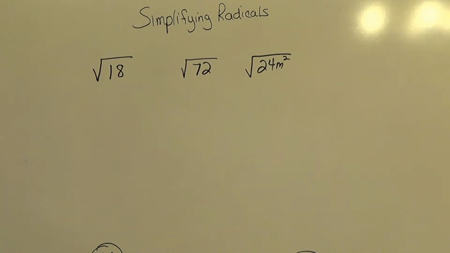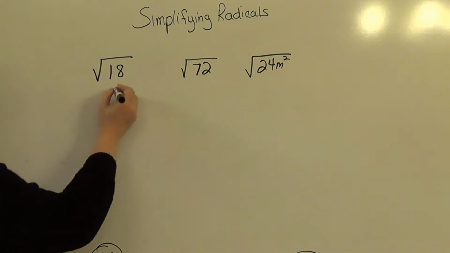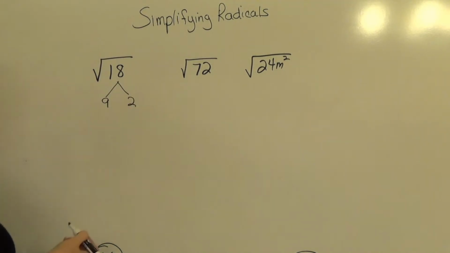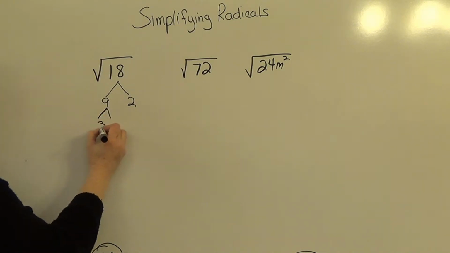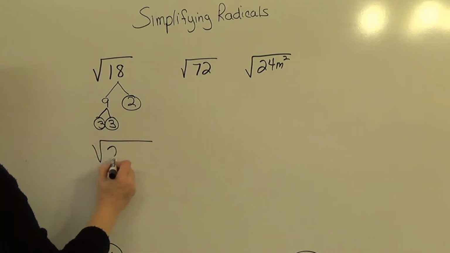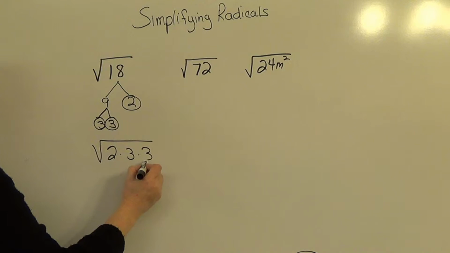One way that's really simple that I think you can use with most problems is to create a factor tree for this number. So 18 is 9 times 2. We're going to factor into its primes. 9 is 3 times 3, and then that 2. Those are the primes of 18. I'm going to put them all back under the radical sign.